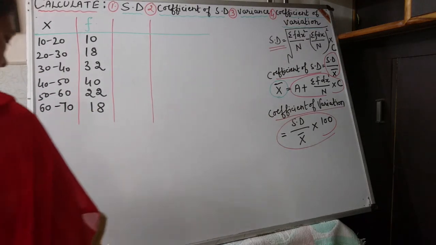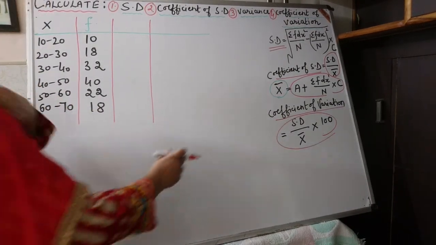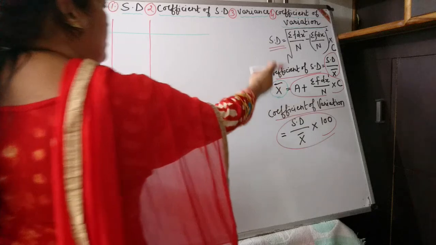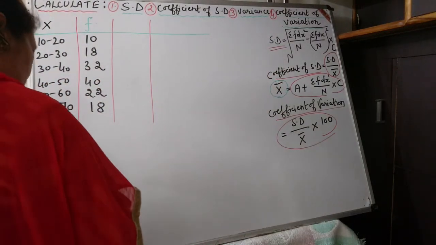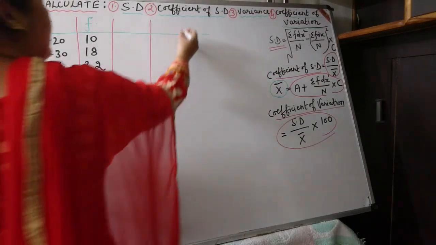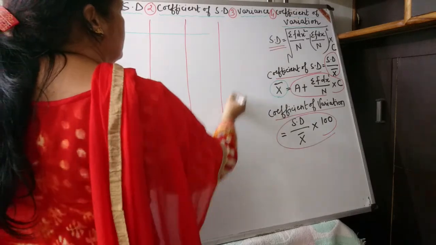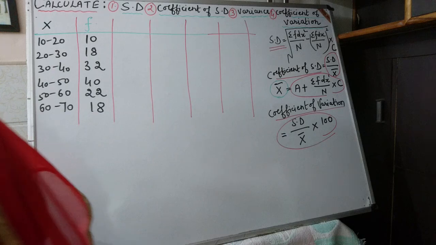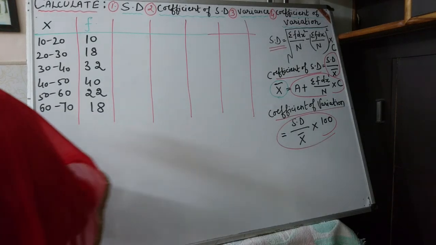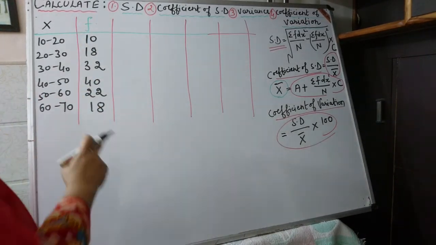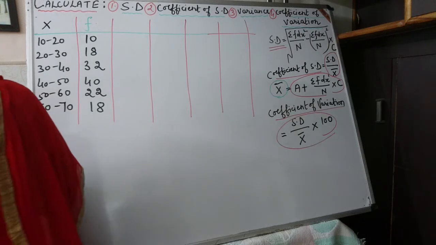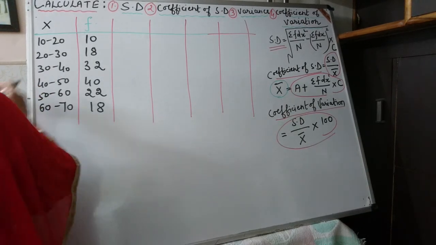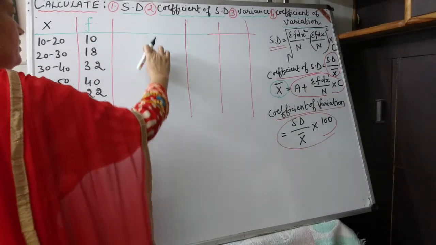So let us start, because for the calculation of coefficient of standard deviation, arithmetic mean is required. So first of all we will calculate the value of arithmetic mean. Because the statement is given in continuous series, first of all let us prepare mid values.